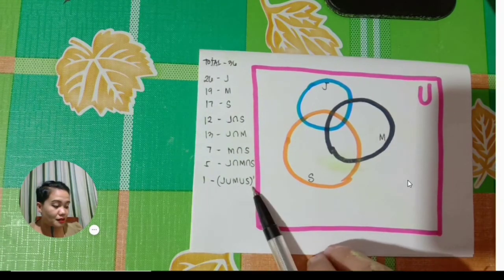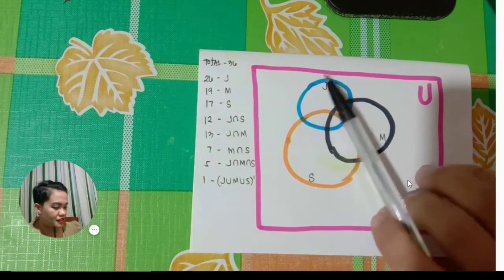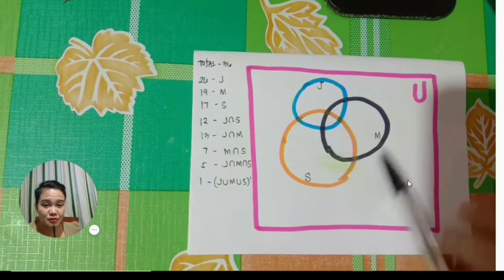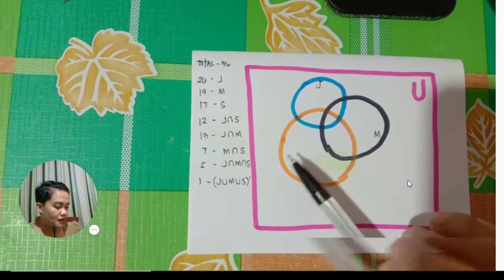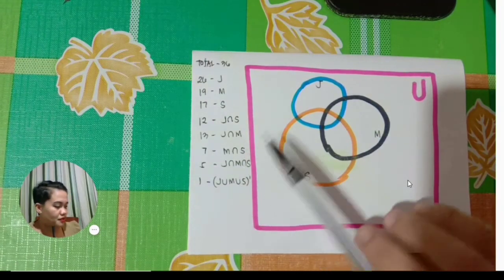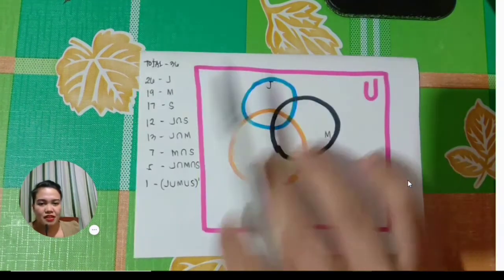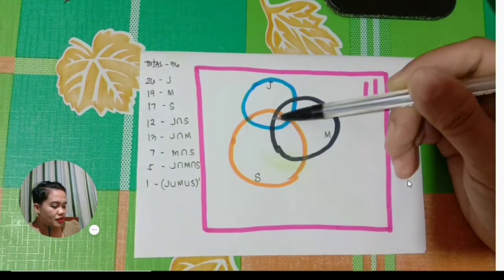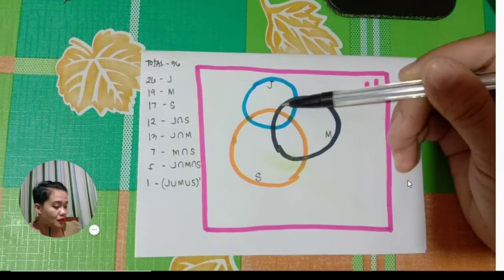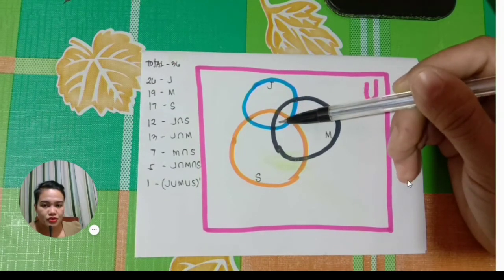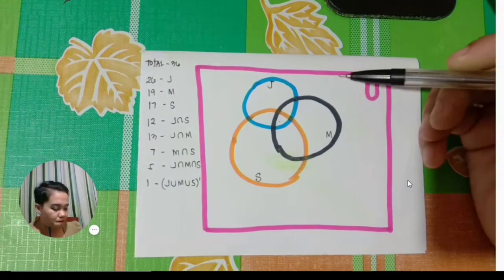So I'm using the complement of the union because if you combine all of this, that will be the union of all 3. And since I'm talking about the complement, what remains outside these 3? Okay, so again, you always start at the middle or at the center part of your Venn diagram. So you find that part.